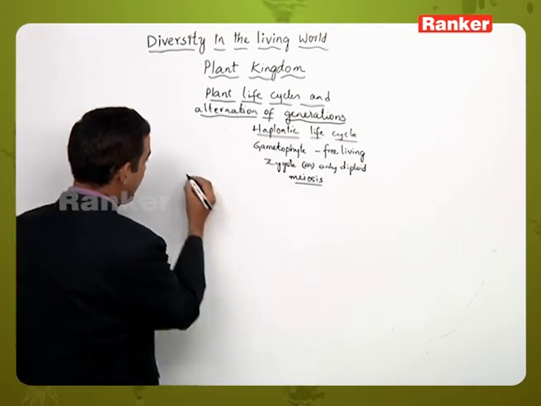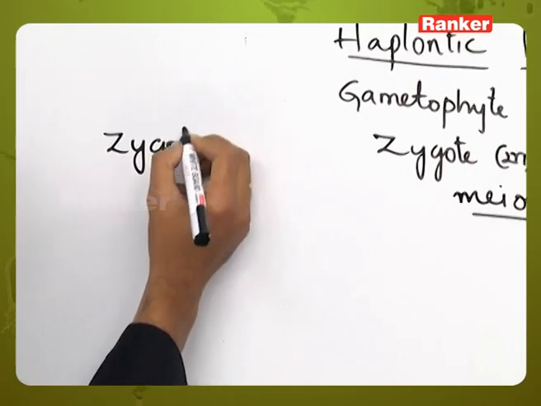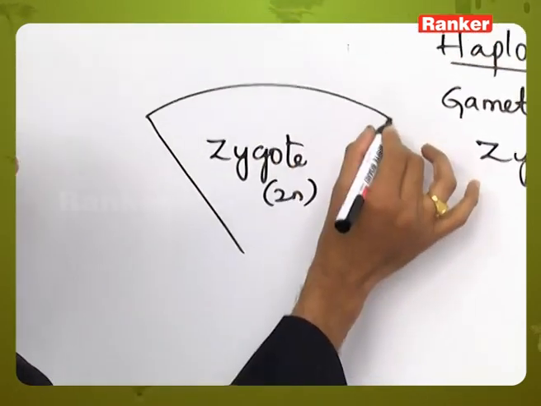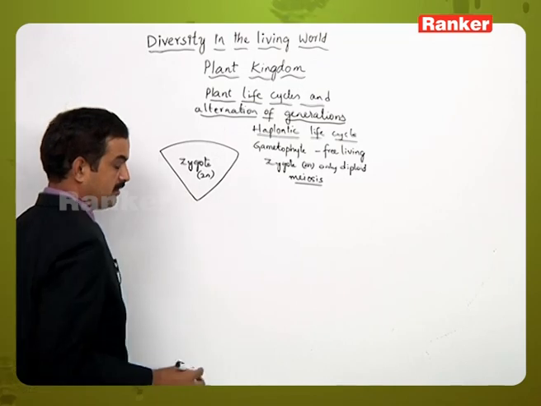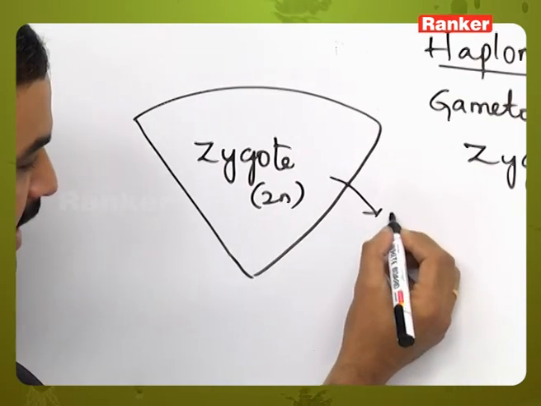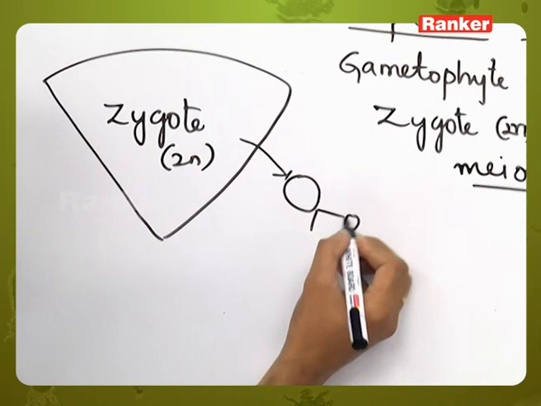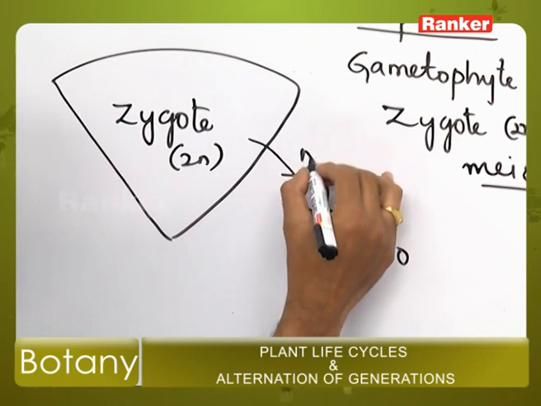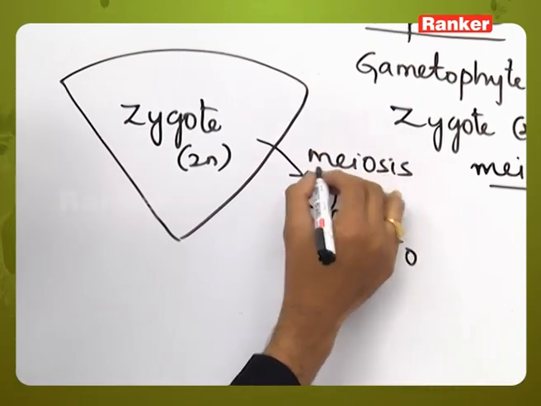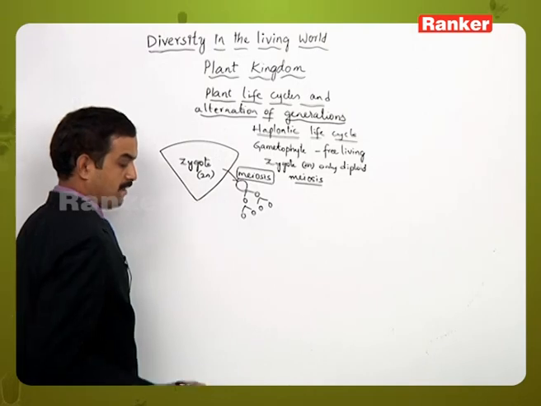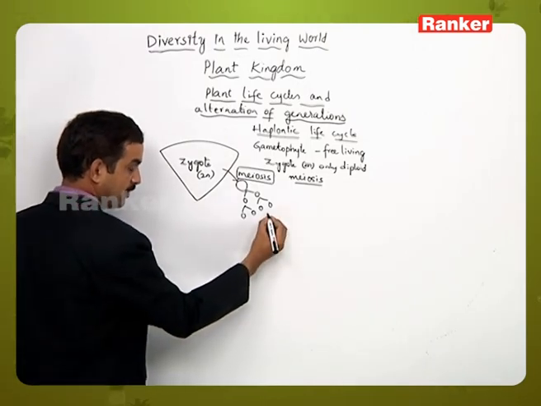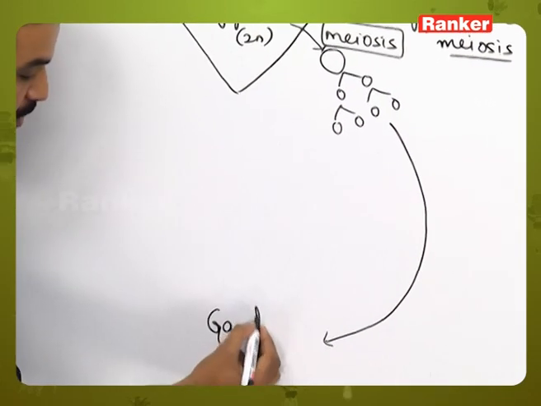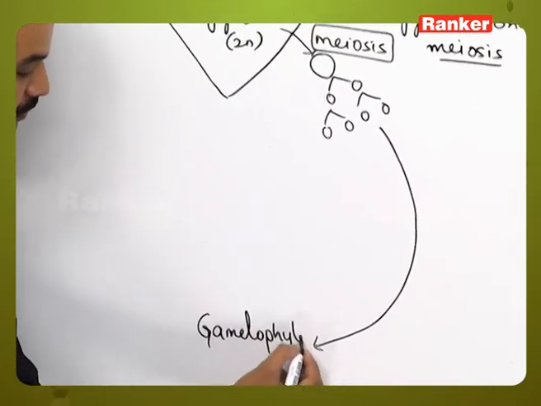If you see that life cycle, the zygote, which is diploid in its nature, undergoes meiosis to form 4 haploid cells. When they form the 4 haploid cells, they will be converted into the gametophyte generation.